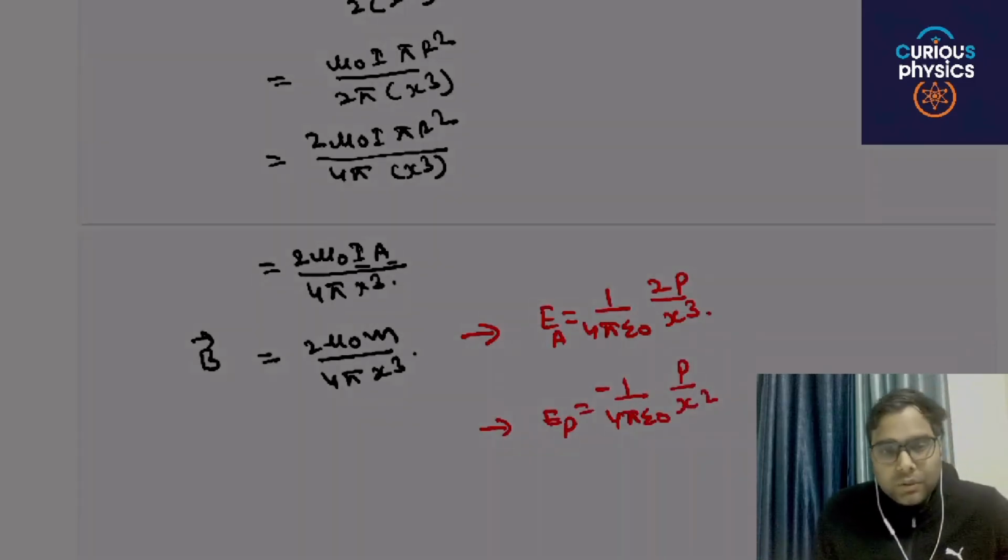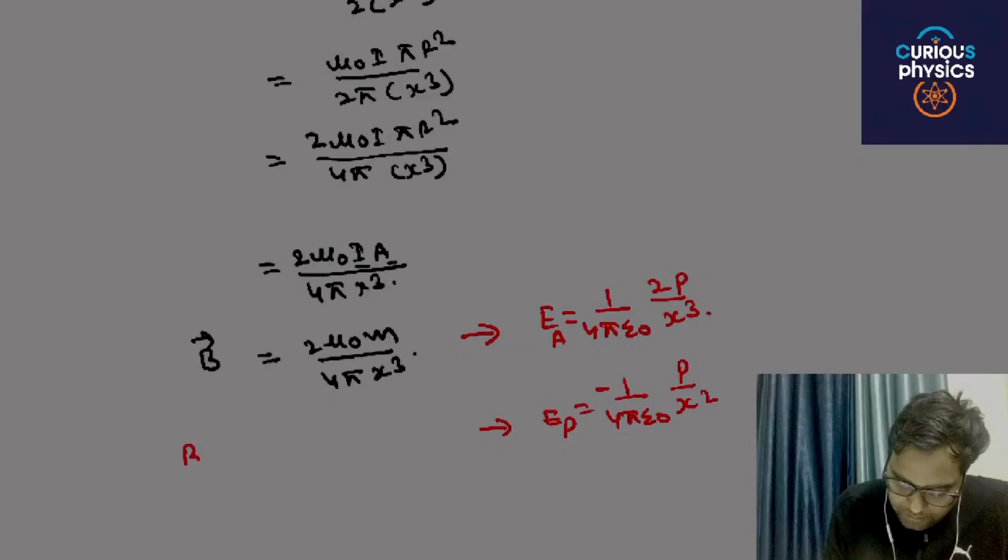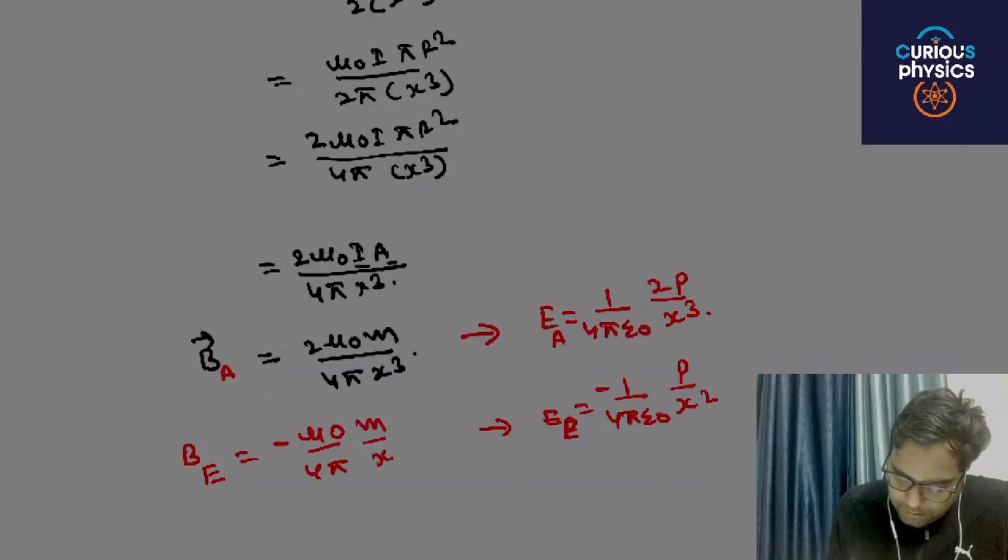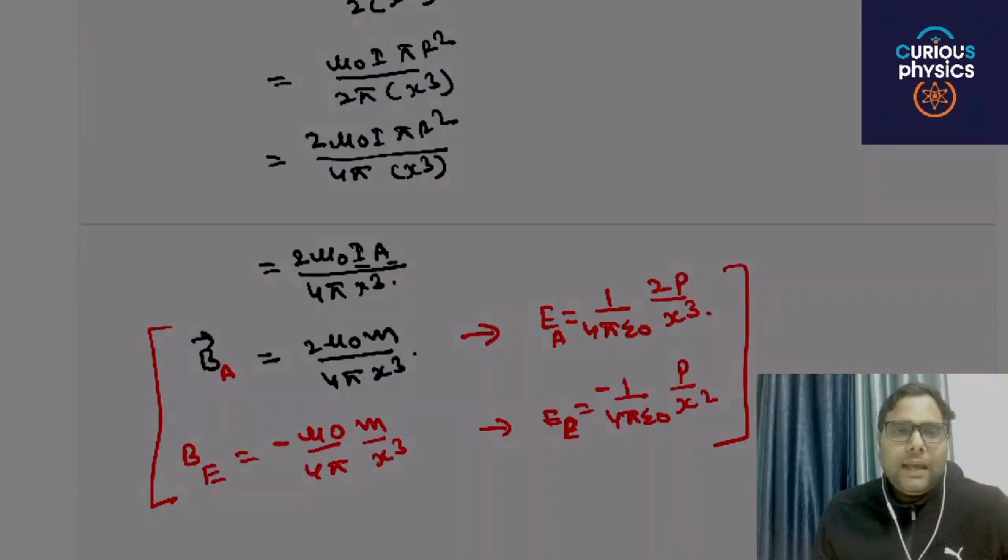Okay, I think you have studied the first chapter very well. This particular relation is related to that. So again, this is on the axis, and on the equatorial plane the value will be minus mu naught by 4 pi m by x cube. You can simply set up the analogy.